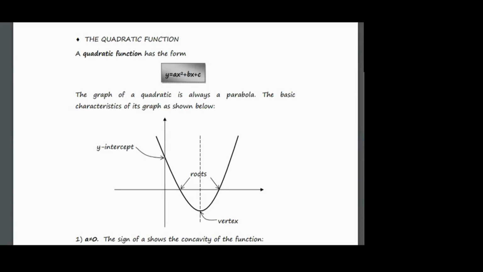Y-intercept is the point where the graph cuts the y-axis. In order to find the y-intercept, I put x equal to 0. To find y-intercept, put x equal to 0, right?